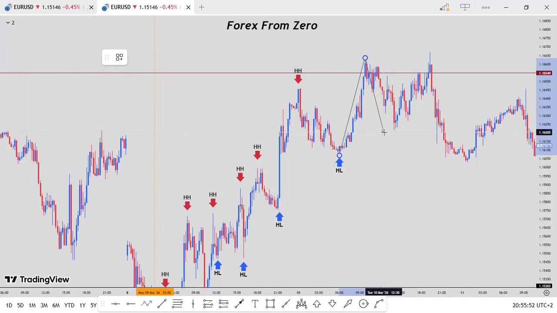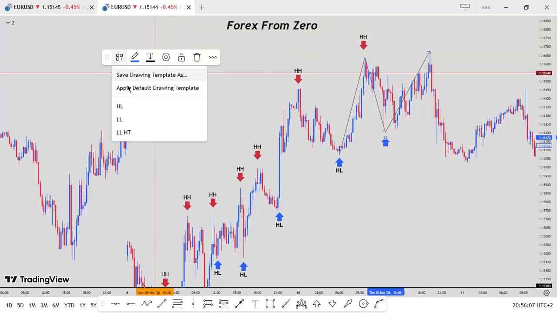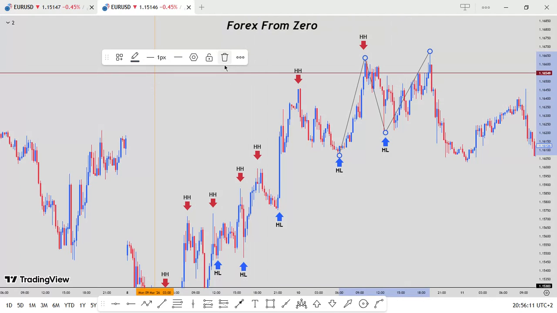And once price reached here, look at this. This was our low that took out this high. Is it? Yes. First, let's pause here. Let me just mark this as my higher high and this as my higher low. Let's pause here. And what did we see? Did price take out this higher high?